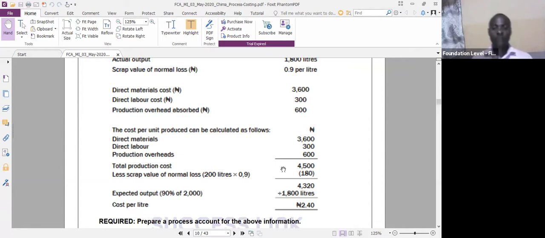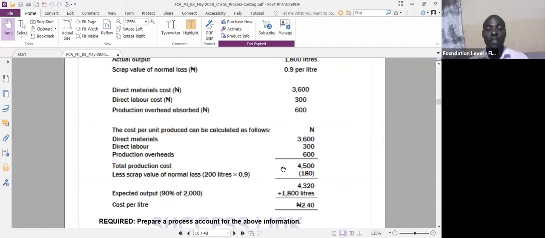What is the recoverable value? We have 200 liters multiplied by 0.9, which gives you 180. We deduct that 180 from 4,500 to know how much we are going to use to value the good product. So we now have 4,320 to be used to value the good product of 1,800.